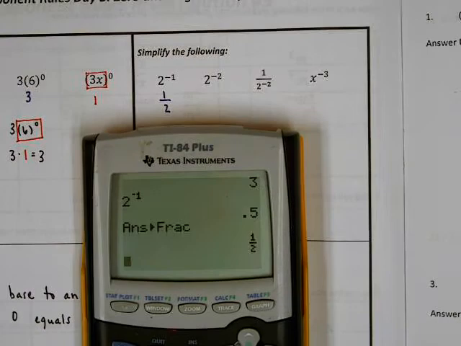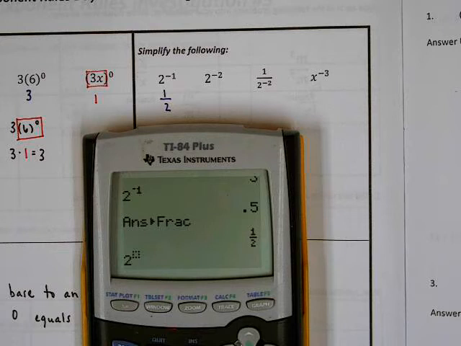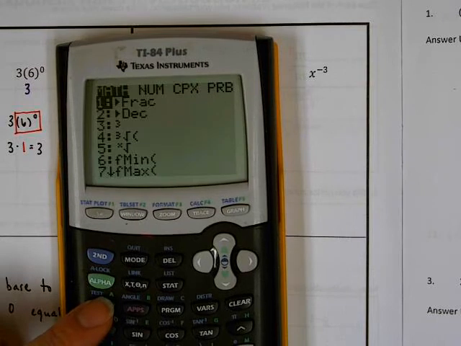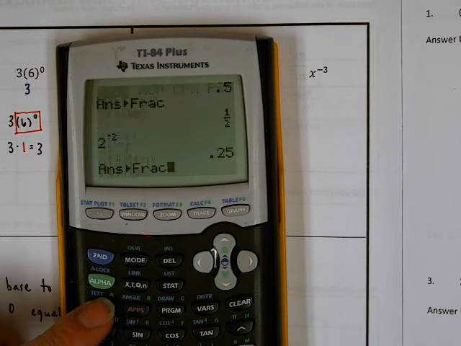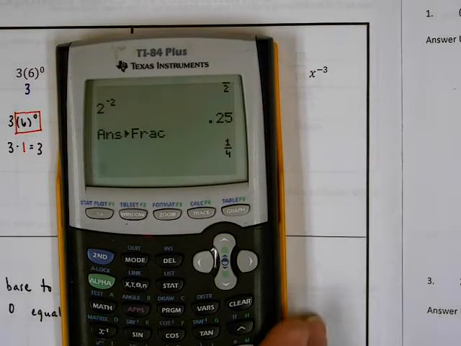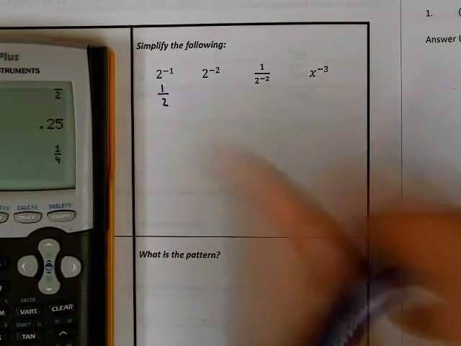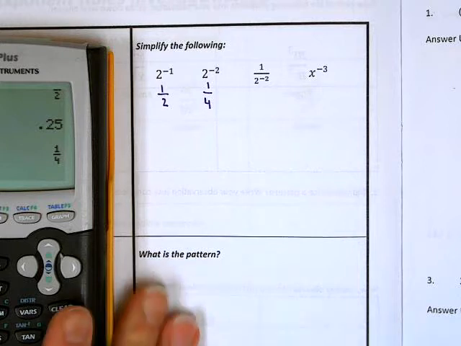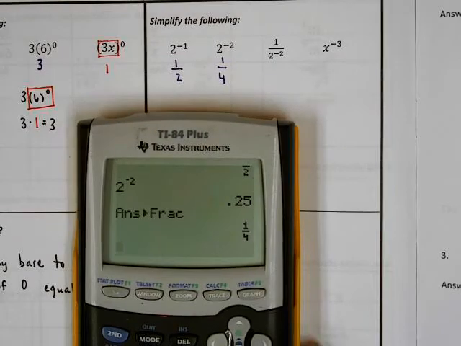Let's see about 2 to the exponent of negative 2. So again, I'm going to use my math key here, turn that into a fraction, so I'm going to hit enter, and I get a fraction of 1/4. And then this one, the third one, I can also do with my calculator.